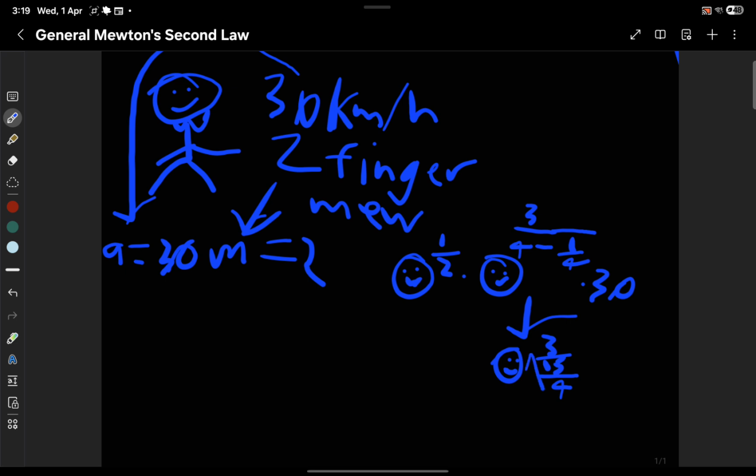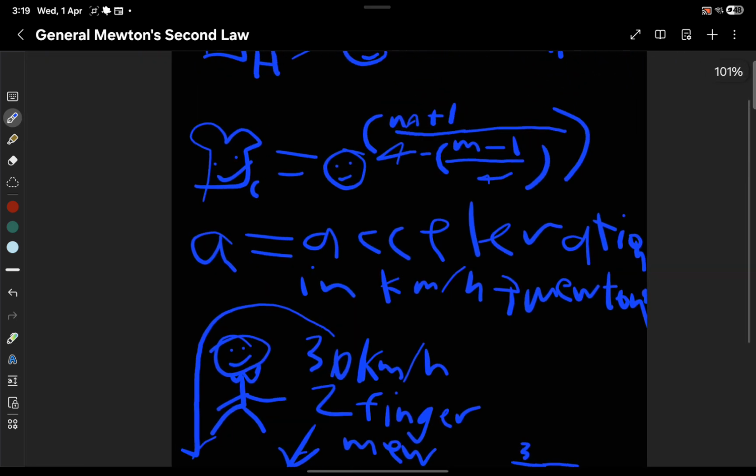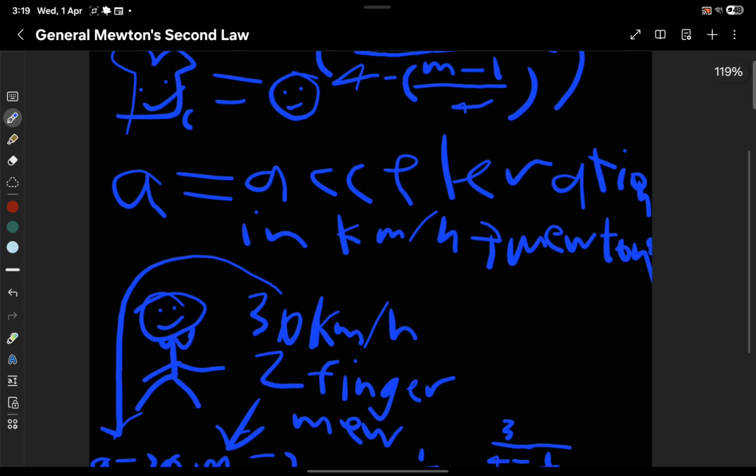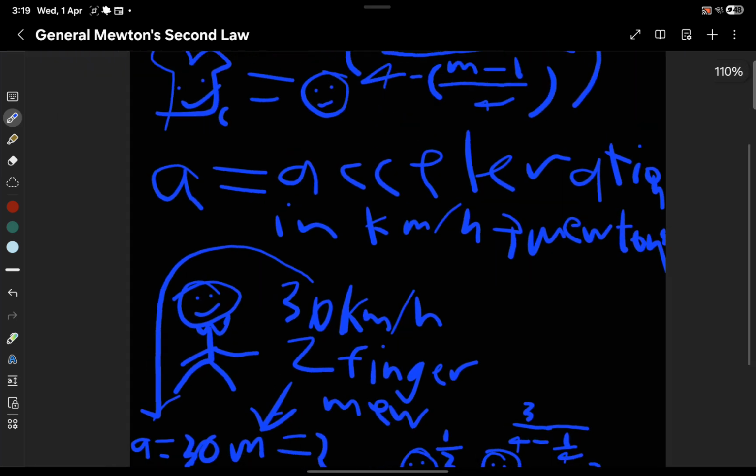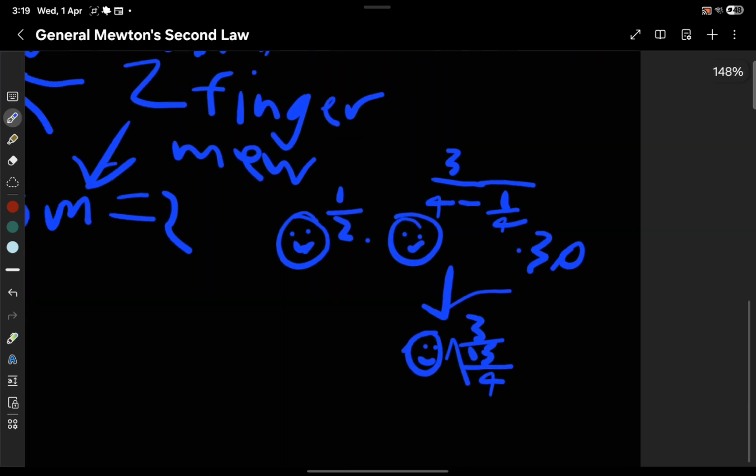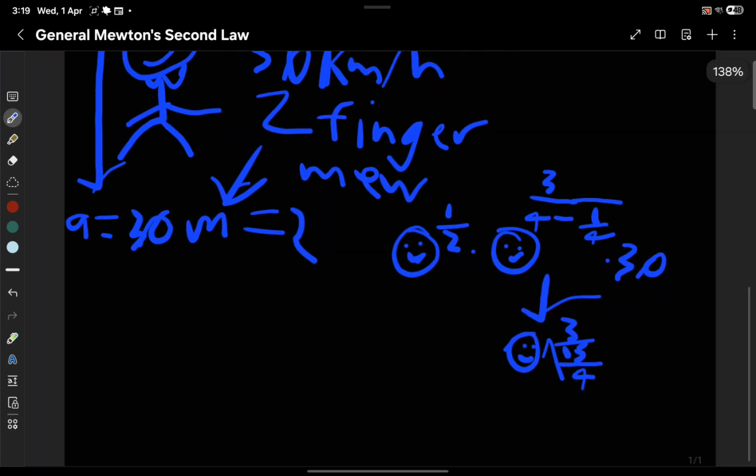And now we can turn that into, wait a second, I swear I'm wrong. Oh yeah, no. So, it becomes smiley face to the power of 12 over 15, which becomes 4 over 5.